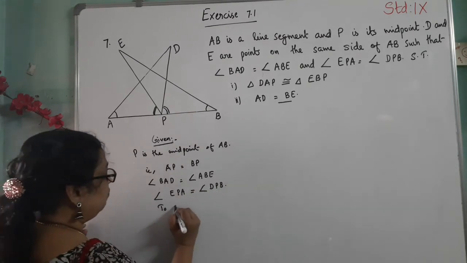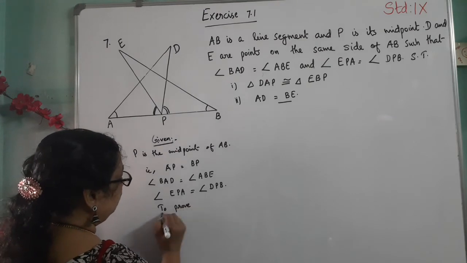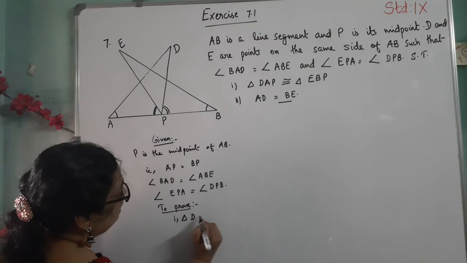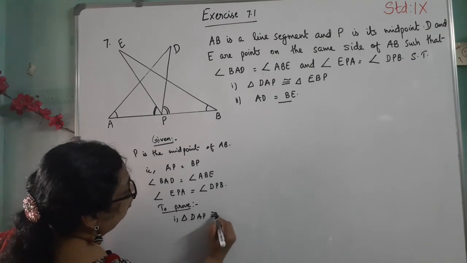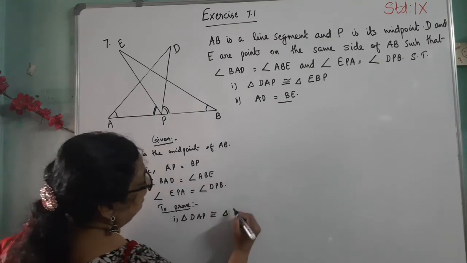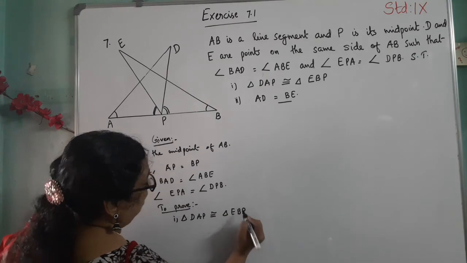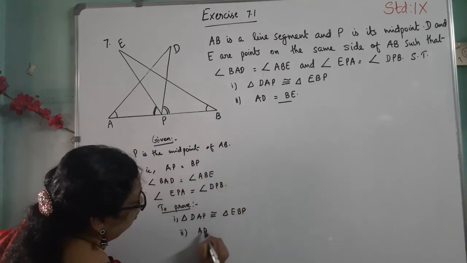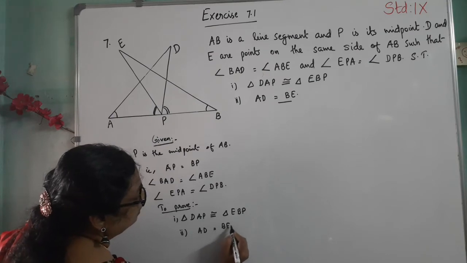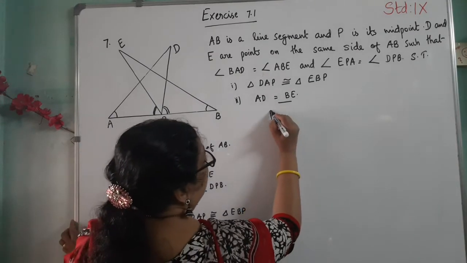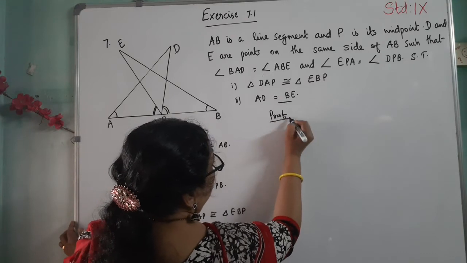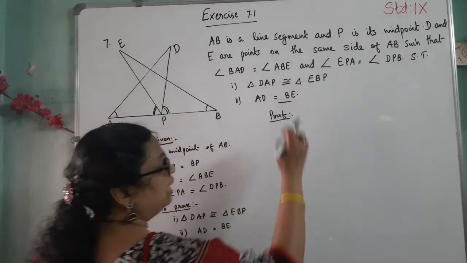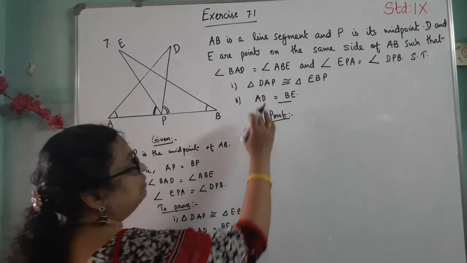Then to prove, this first one, triangle DAP congruent to triangle EBP, and second one, AD equal to BE. Then we can prove, that is proof. These two triangles we can consider because we want to prove them congruent.